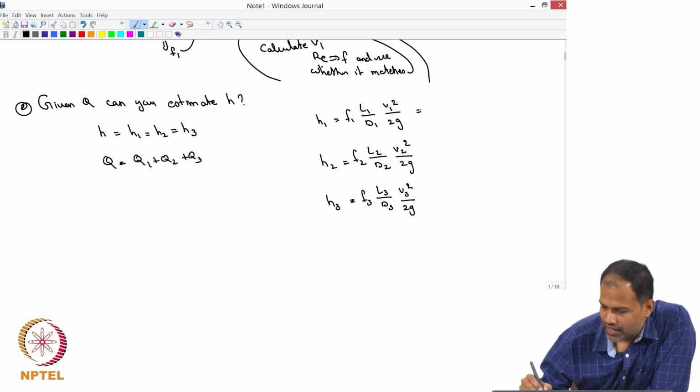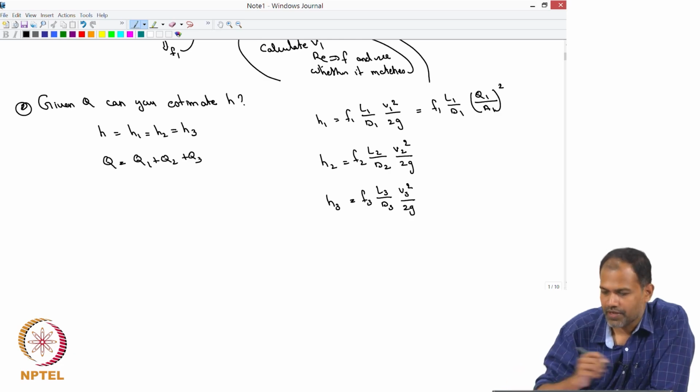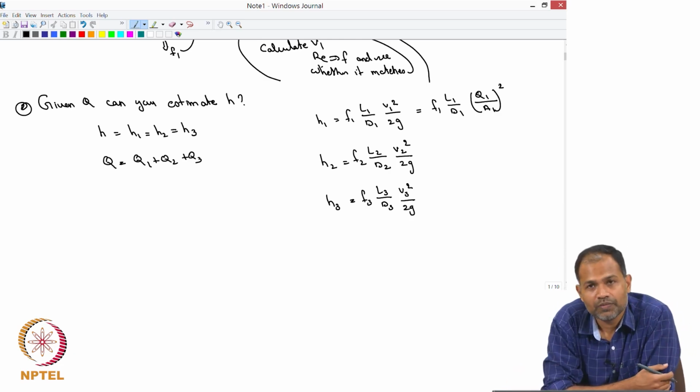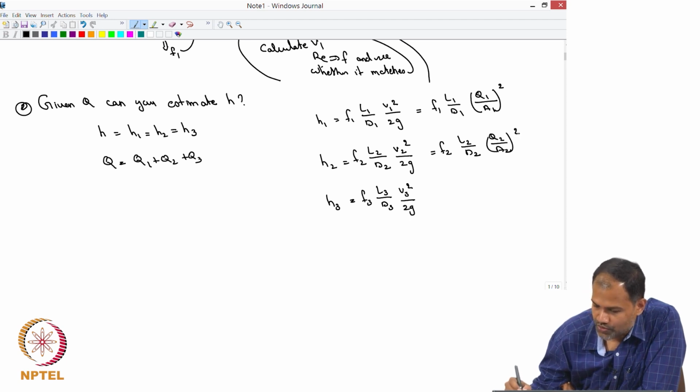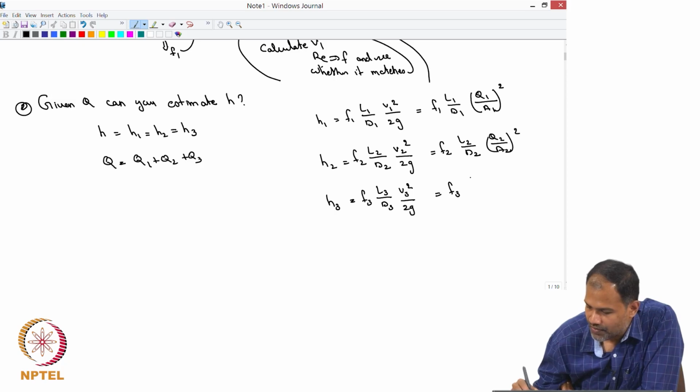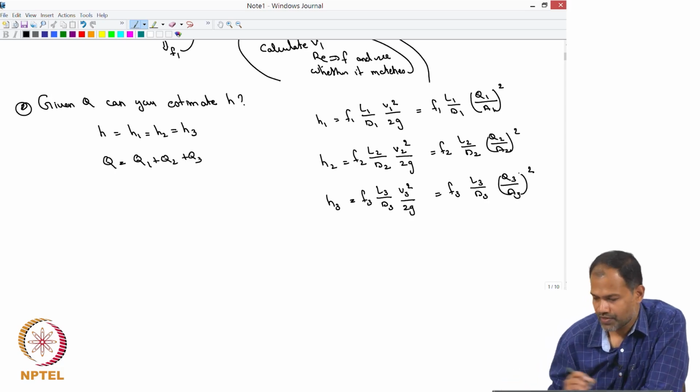This I can rewrite as F1 into L1 by D1 into V1, that is Q1 divided by A1 square. So, because if I divide flow rate with area, I am going to get velocity. This is F2 L2 by D2 into Q2 by A2 whole square. This is F3 L3 by D3 Q3 by A3 whole square.